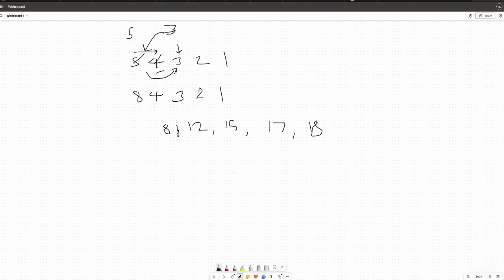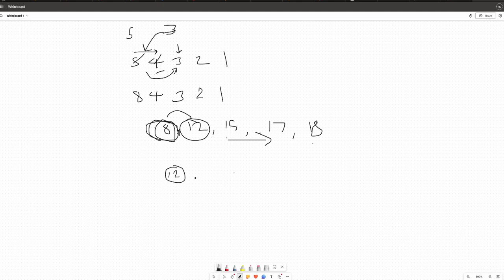This is the number of points the first element gets when all the elements before it get deleted. This is the number of points the second element gets when all numbers before it get deleted, and so on. So this is the prefix sum, and it is the current sum that we have.